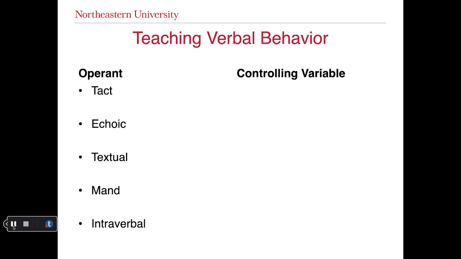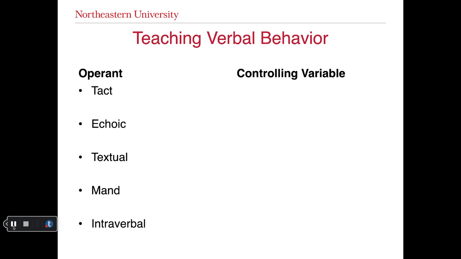So when we're thinking about teaching, we need to be thinking about the controlling variables, not necessarily just the topography of the response. A tact, an echoic, textual behavior, manding, and intraverbal may all have the exact same topography of responding. However, the controlling variables are different.